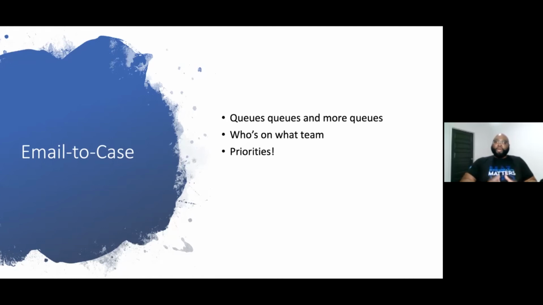You can have one person on multiple different teams or all separate teams that work different kinds of cases. And you can also set up what priority each kind of case comes into Salesforce as, to make sure that the highest severity cases are worked first, so your customers are not left waiting.